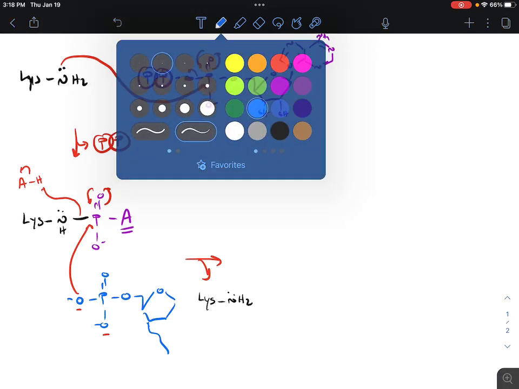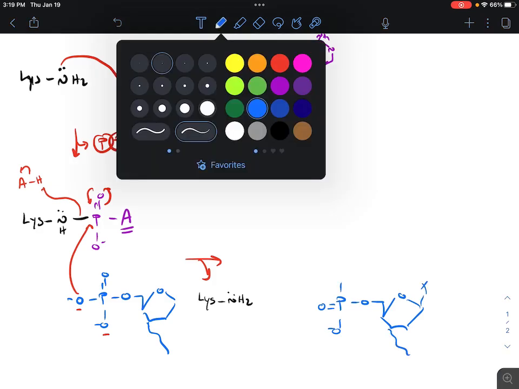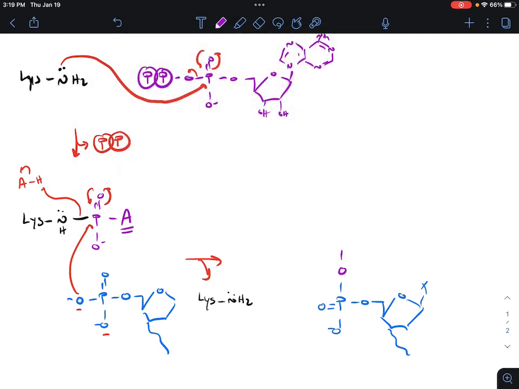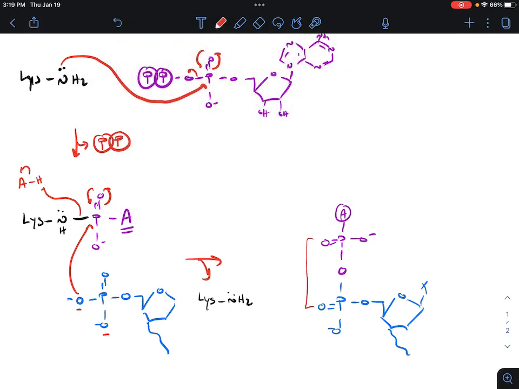So back to where we started there. And we now have a covalent linkage between the 5' end of our DNA and AMP. Here, the A is the rest of AMP. This phosphodiester linkage is our second high energy bond.